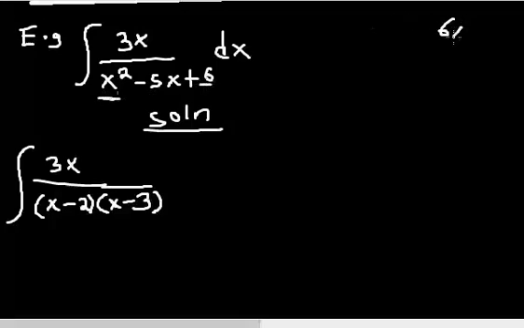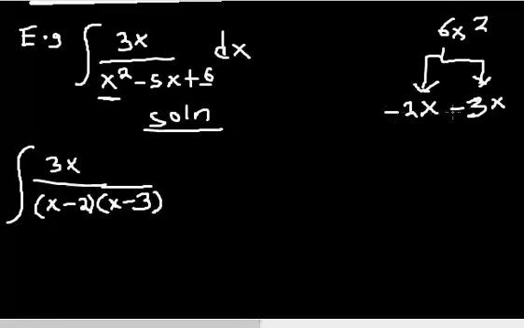That is going to be 6x squared. Then you find two factors of 6x squared, which is going to be 2x and 3x. I need to add minus to them so that when I add them together, they give me minus 5x.